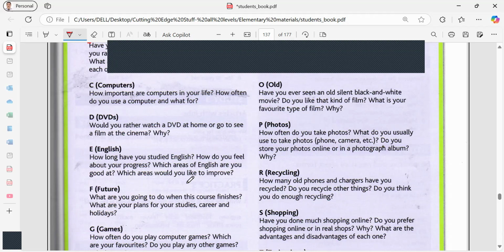My career will be, inshallah, a doctor, because I want this. And holidays, I'm waiting for the holiday so that I can do anything I want. I'm done.